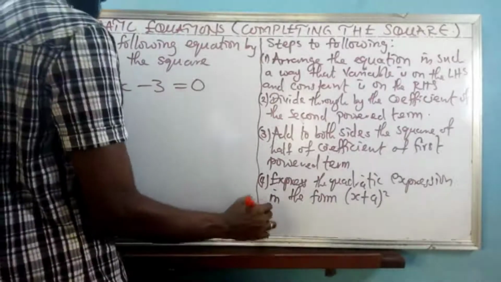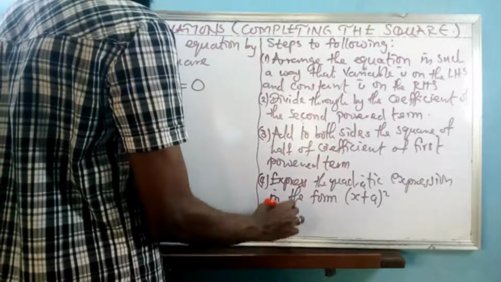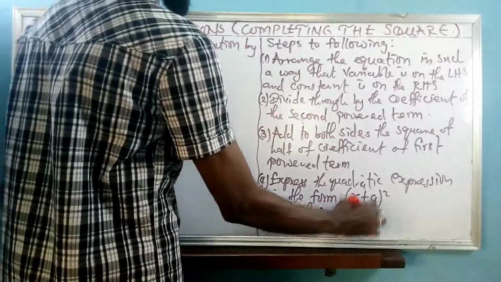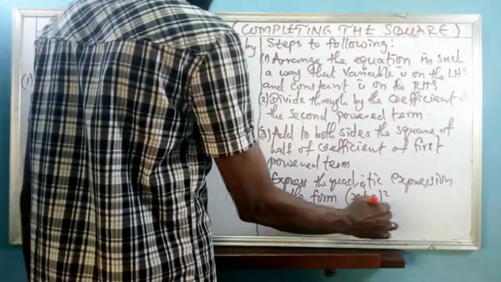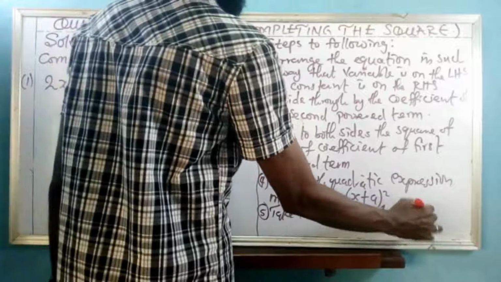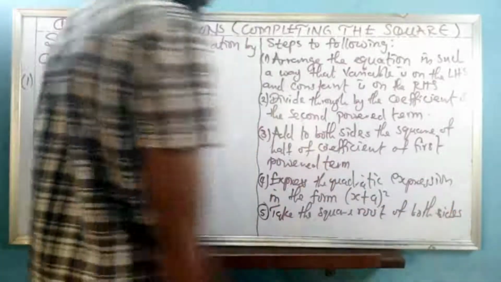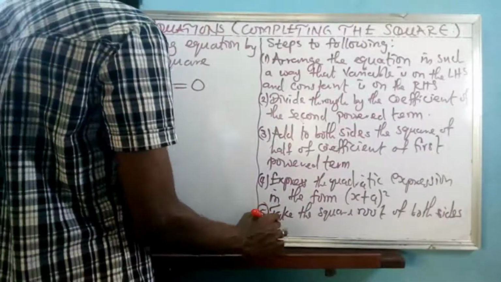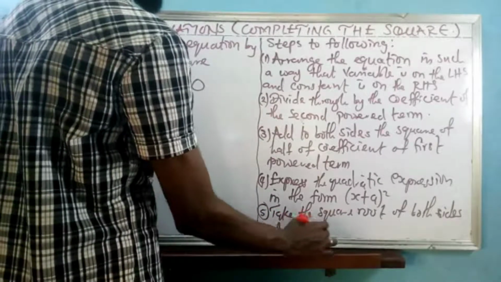And the last step is to take the square root of both sides and solve for the variable.